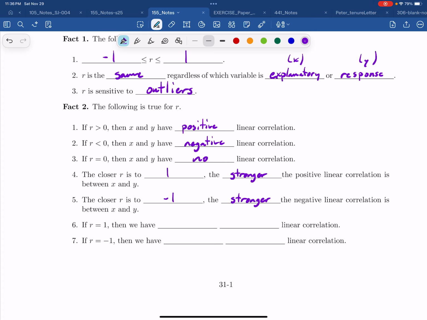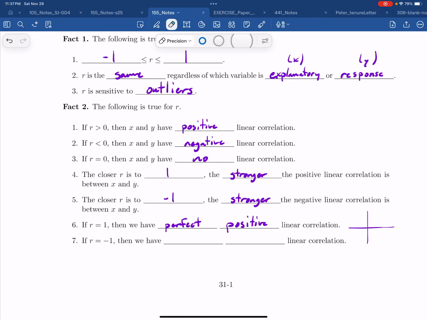Again, linear. And if R equals 1, then we have perfect positive linear correlation. It's literally a line. The data points are in a perfect line situation. Maybe I'll just draw it here to show you what I mean. Something like this, where there's just a perfectly straight line through the data points.